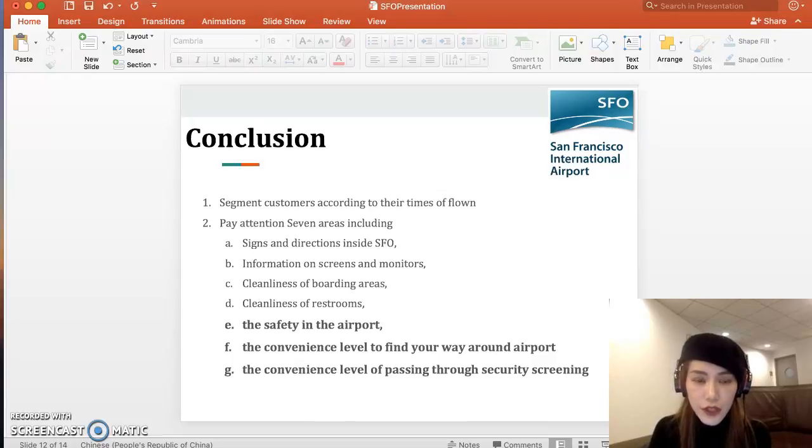So we have the conclusion here. We segment customers according to their times of flying, and we should pay attention to 7 areas, including first, signs and directions inside SFO; second, information on screens and monitors; third, cleanliness of boarding areas; fourth, cleanliness of restrooms; fifth, the safety in airports; sixth, the convenience level of finding a way around airports; and the last one, the convenience level of passing through security screening.